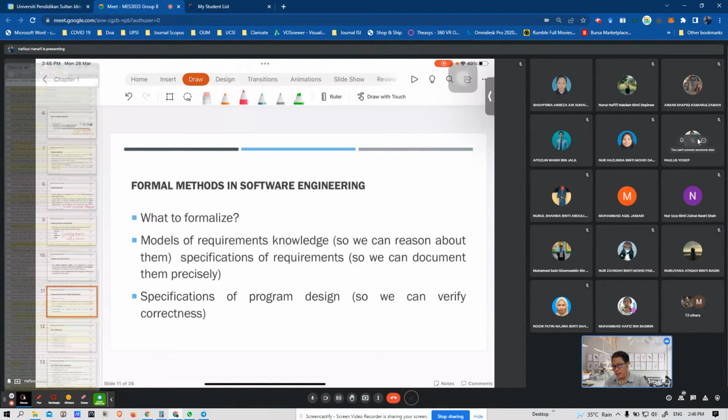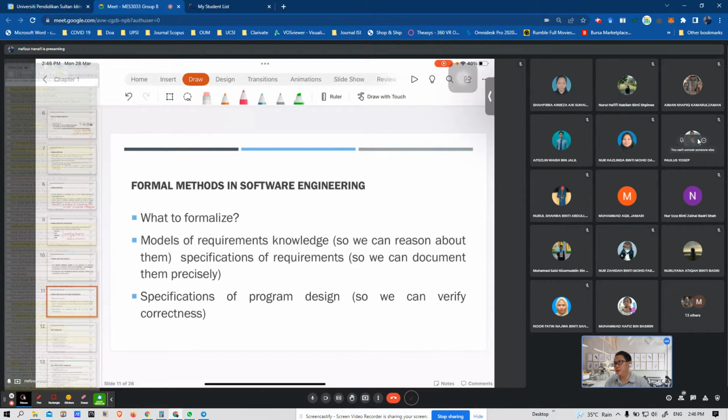When you talk about formal method in software engineering, it involves formalization. Okay, what is to be formalized? It is the common question. What is formalized for formal method?